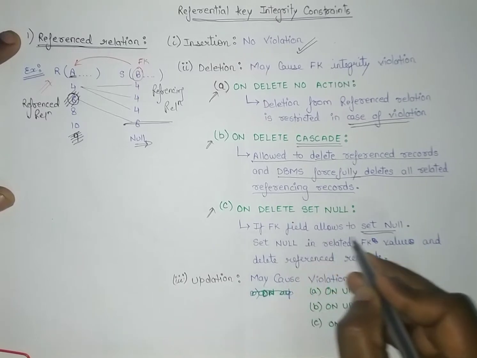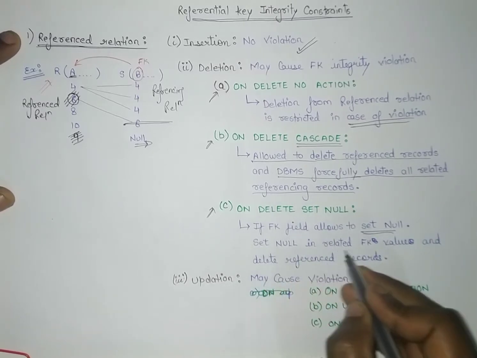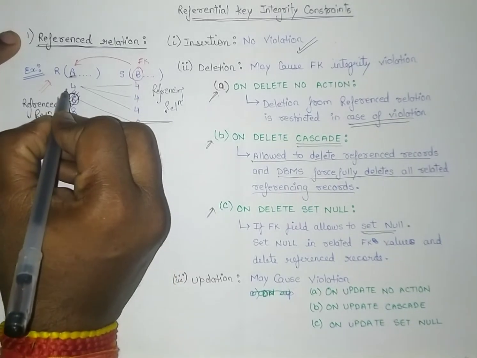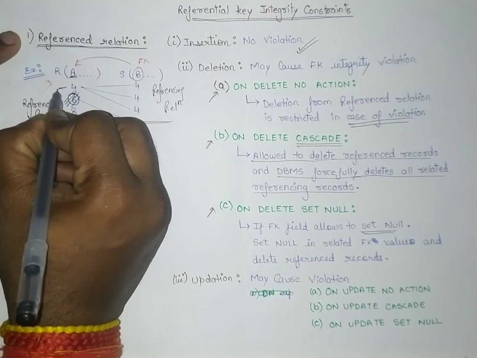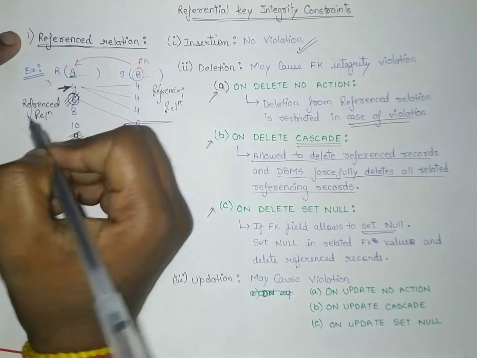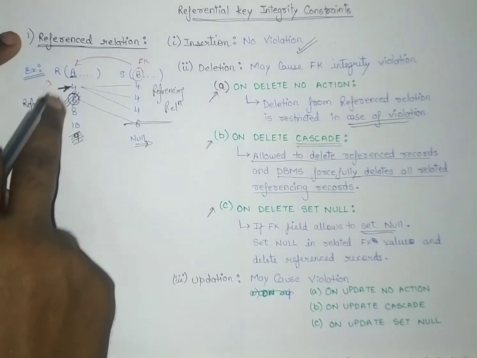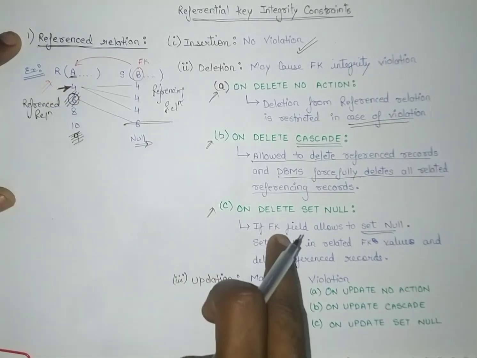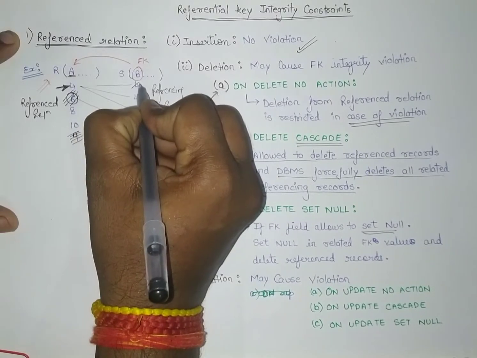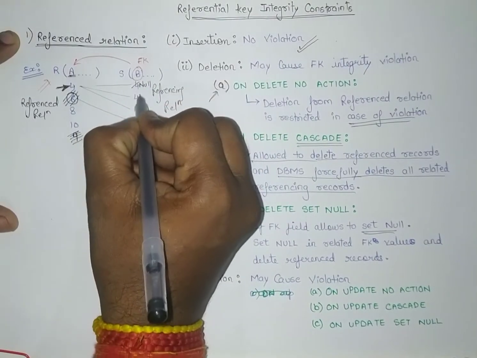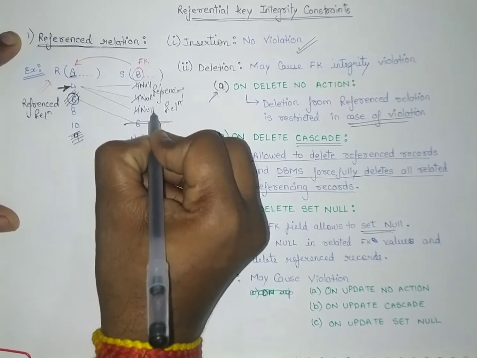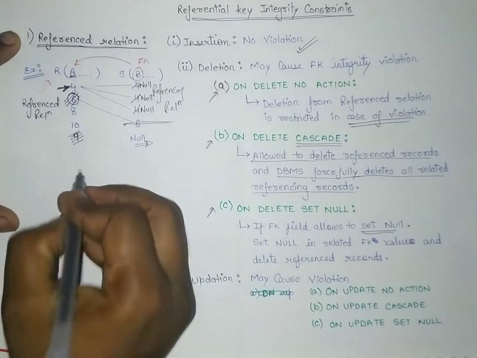If the foreign key field is allowed to set null, it is set null in the related field and the referencing records are deleted. If I need to delete this 4, I can delete this 4, but if I use this particular option, I have to set it as null, it also as null, it also as null. So what will be our final table?